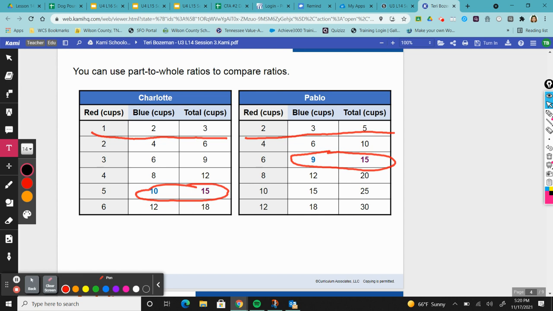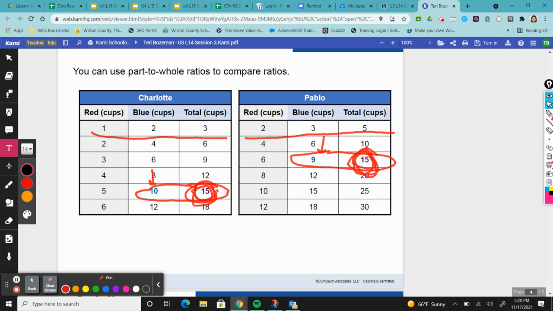Again, when comparing, something has to be the same in order for you to compare. Hopefully we are noticing that the total cups is the same. So that is using a part to whole relationship. So if we want to compare the blue part, the whole has to be the same.